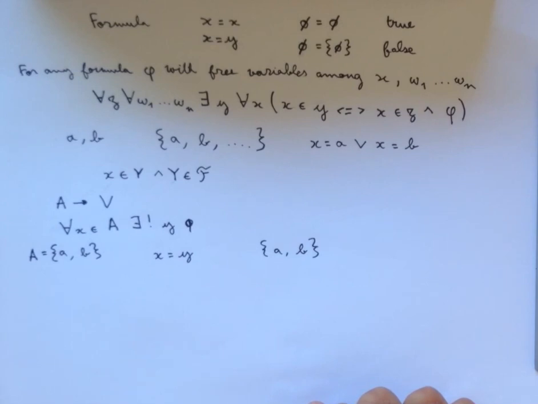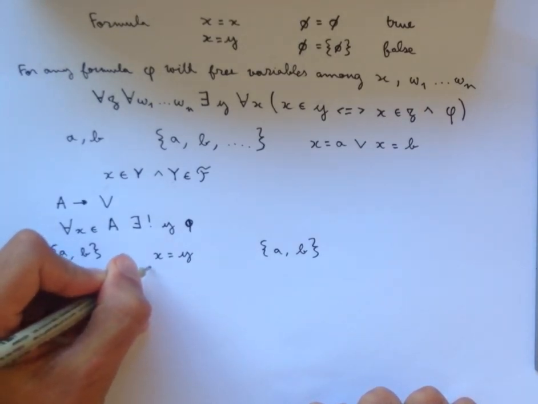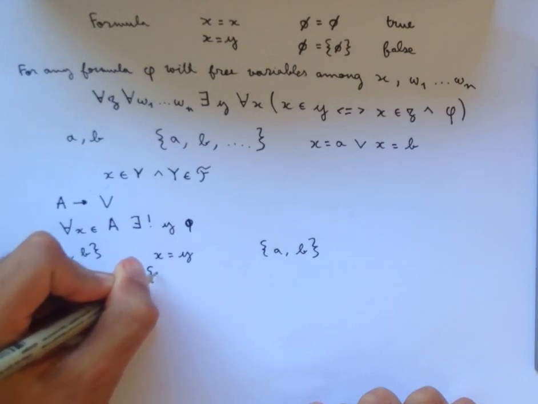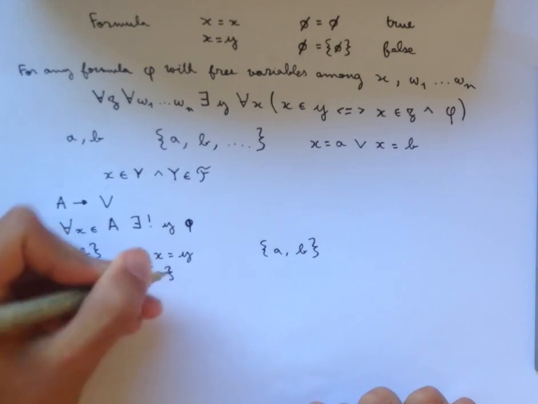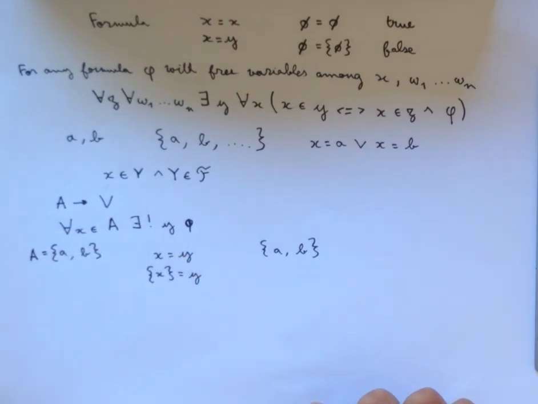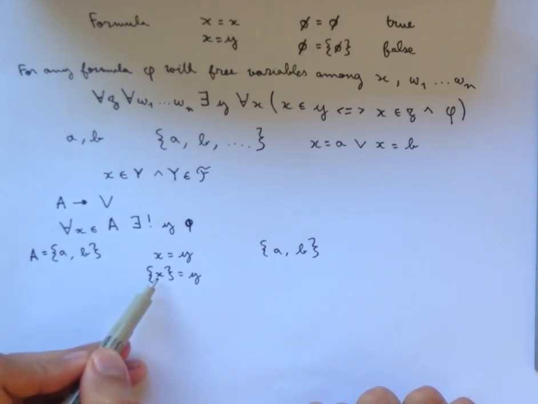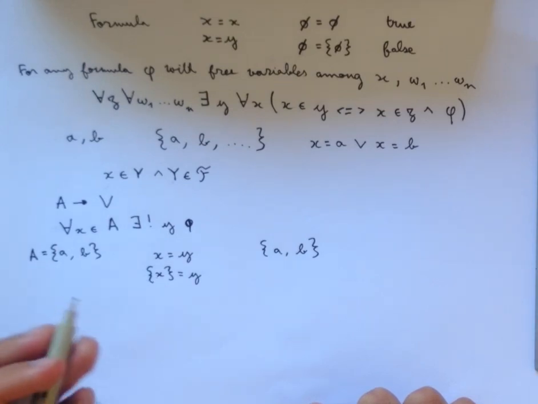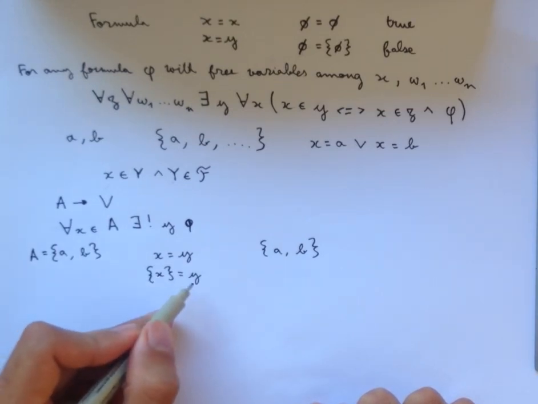It's not very interesting. Another more interesting example might be the formula, the set containing x is equal to y. Here, when we use the formula with the same set, we take a and we replace x with a, and so we get the set containing a is equal to y.